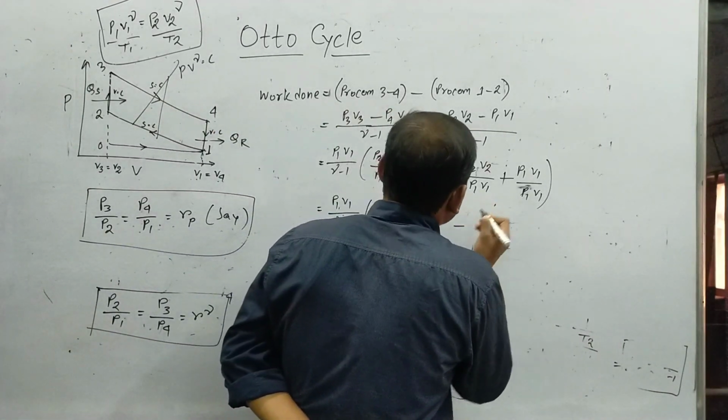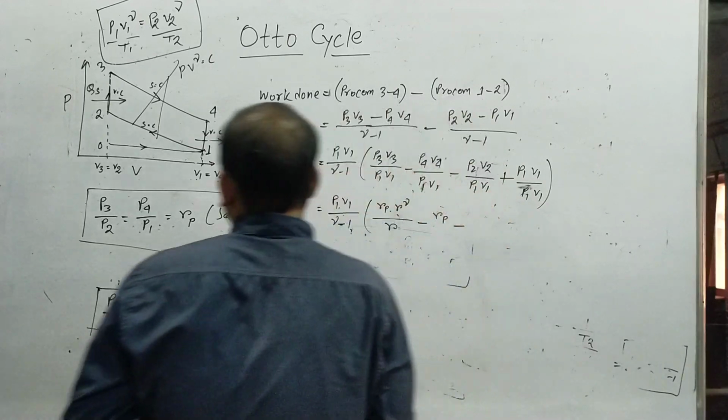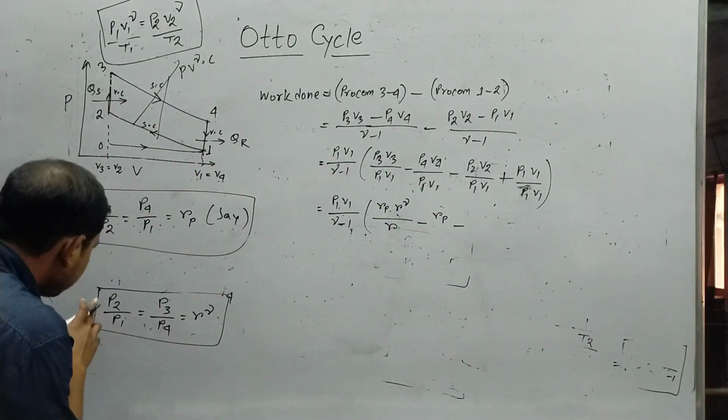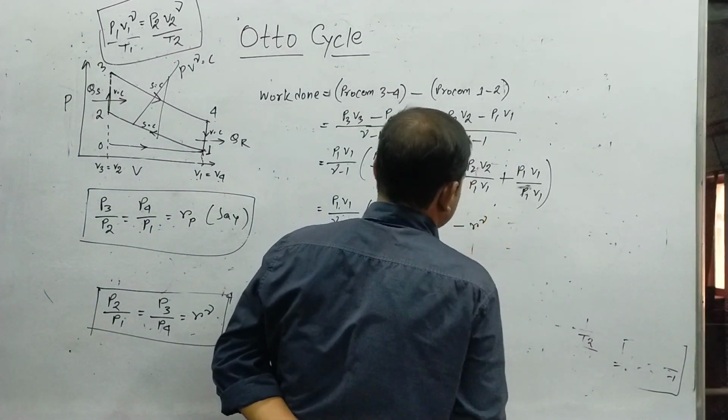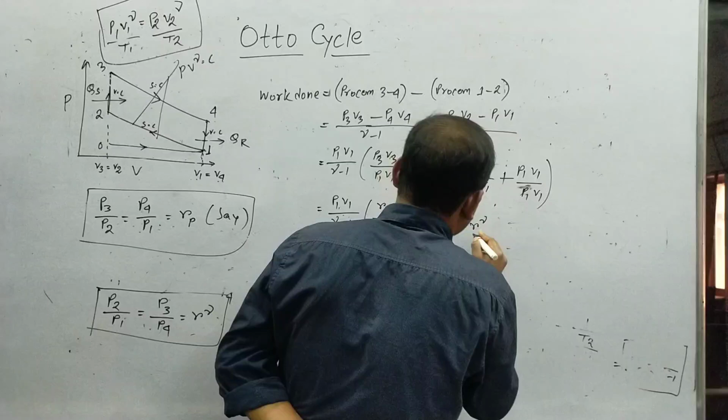And the next term is P2 by P1. You can see this P2 by P1 is nothing but R to the power gamma, and V2 by V1 again.